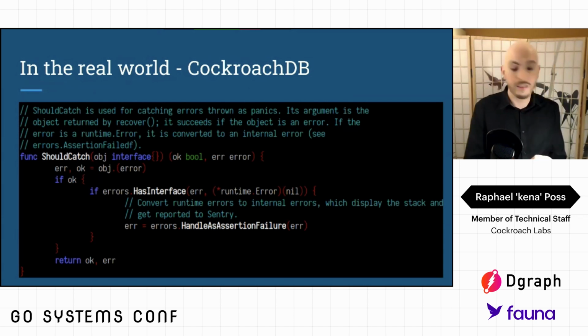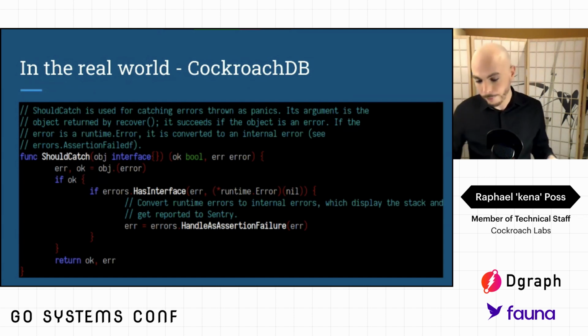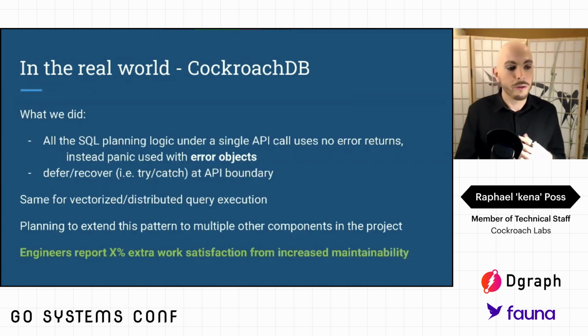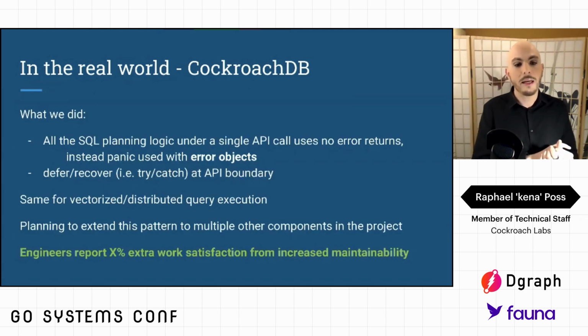If it does, then we can ignore it, or treat it in this case as an assertion failure, which is a message for the callers that something unpredicted happened. So that's the prose description of what I just said.